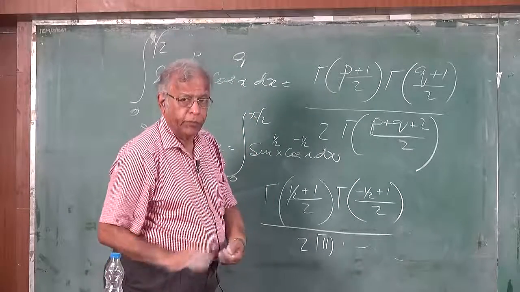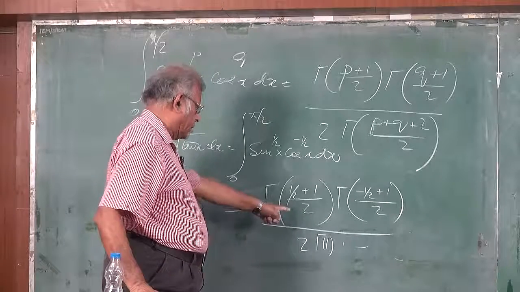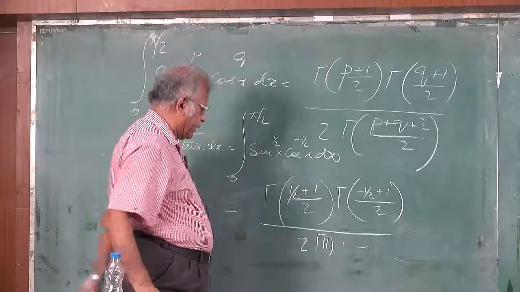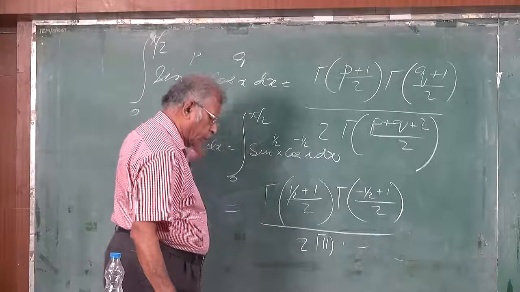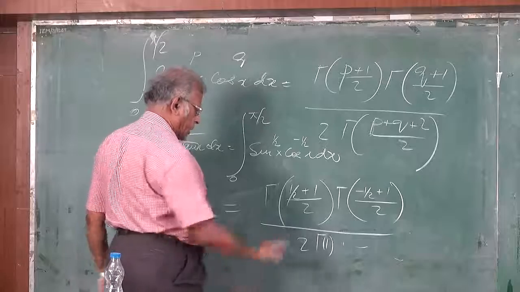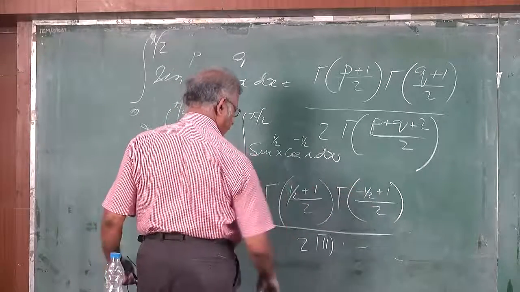That is another property which we've seen earlier. So we now have to just reduce or simplify this. The denominator stands at 2, the numerator becomes gamma 3 by 4 and gamma 1 by 4.